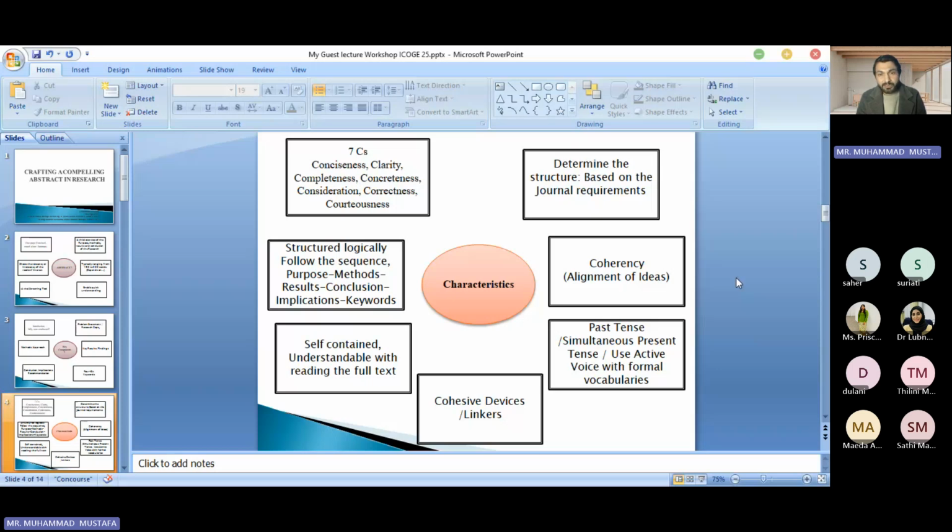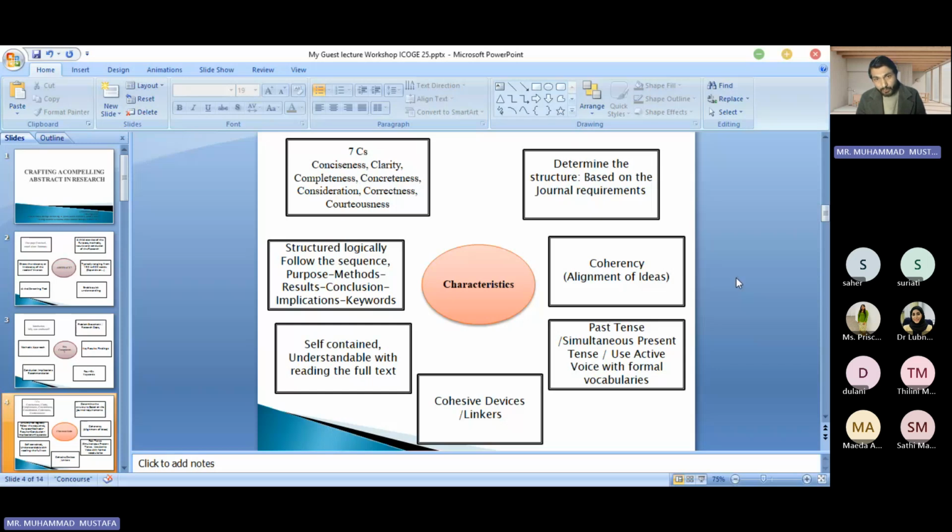What is the simultaneous present tense? It is a tense used to refer to past activities that have been done recently. But mostly the past tense is used to formulate the abstract.